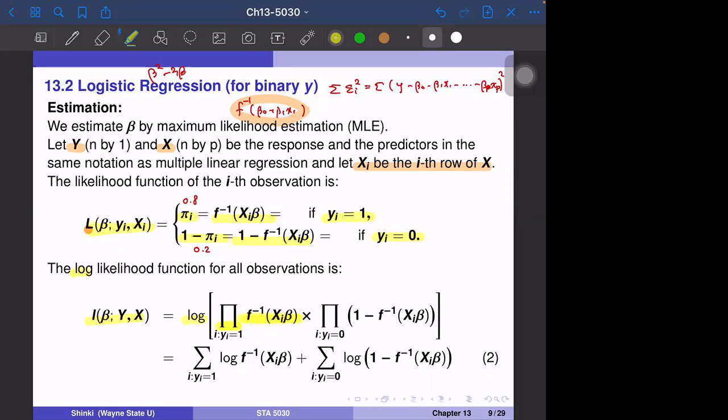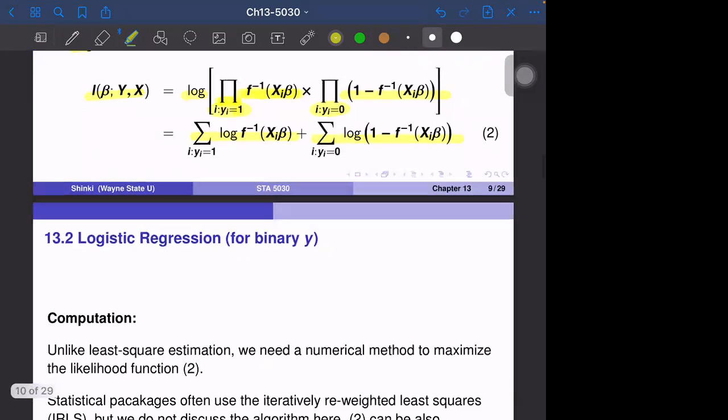Since we take the logarithm, we can make this a summation. So basically, we want to maximize this quantity.